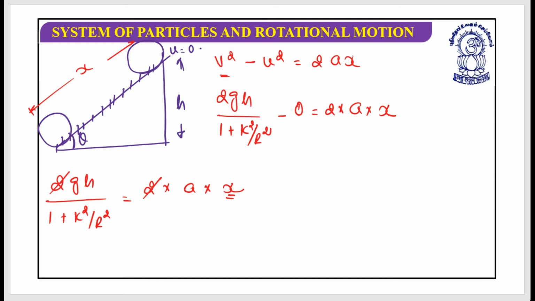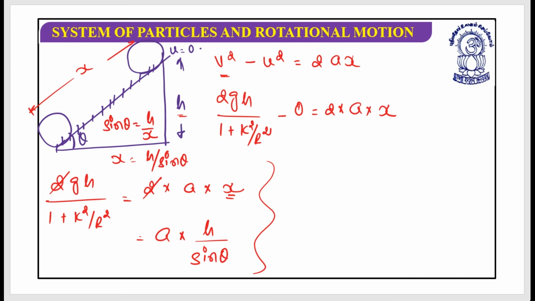Now x, I am going to replace this x because no one will give me the x. Always the data would be given in terms of h. As I understand this triangle very well, sine theta equals h by x. So this x could be replaced by h by sine theta. Let's replace it: a multiplied by x is a times h by sine theta.